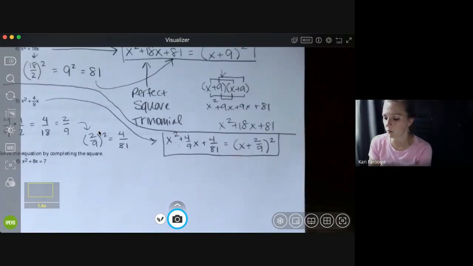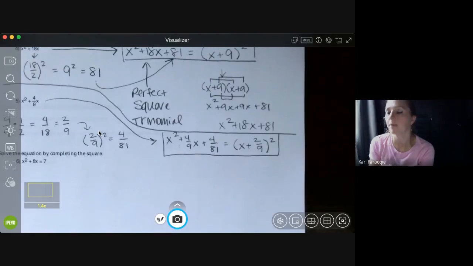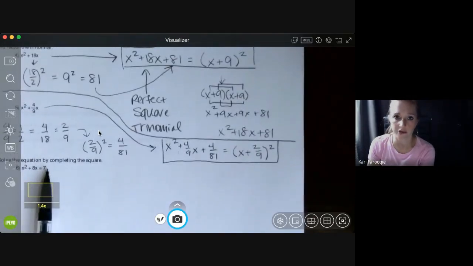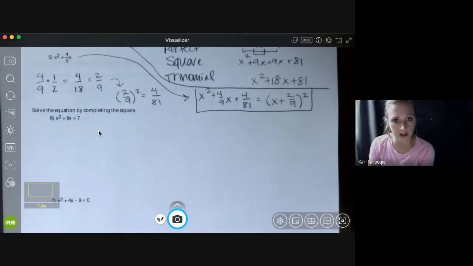A lot of times people think about getting all the terms to one side and getting 0 on the other side. When you are solving a quadratic equation by completing the square, you're trying to get to the point where you're going to be using the square root property. To use the square root property, you want to have a constant on the other side of the equation. So that's why we're going to leave that constant on the right-hand side.